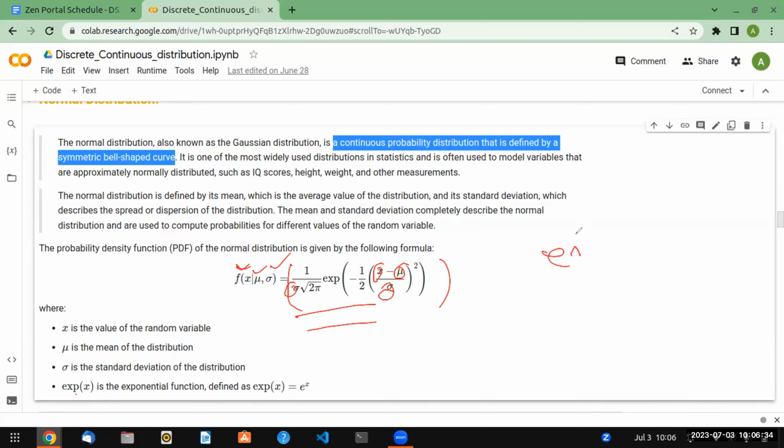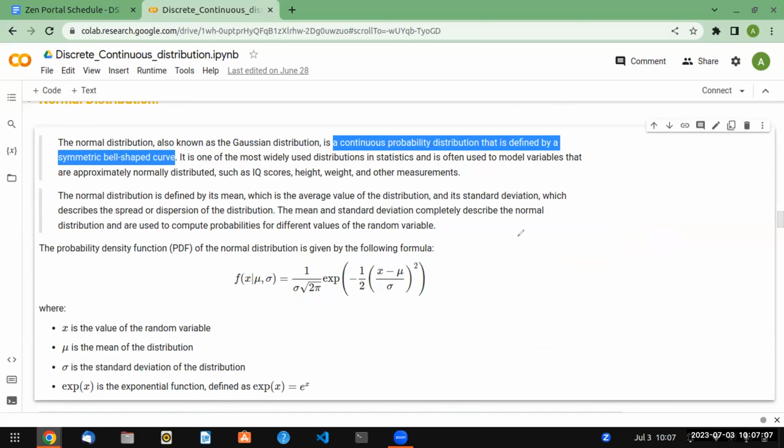Whenever you see exp of something, say exp p, what does that mean? E to the power p. That's why exp of whatever is in the bracket means e to the power of that. So the bell-shaped curve is for that continuous probability distribution, with the function 1 by sigma into root of 2 pi, times the exponential.